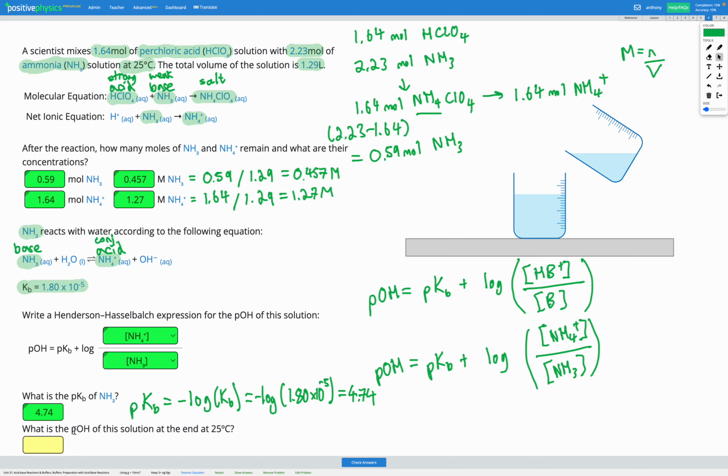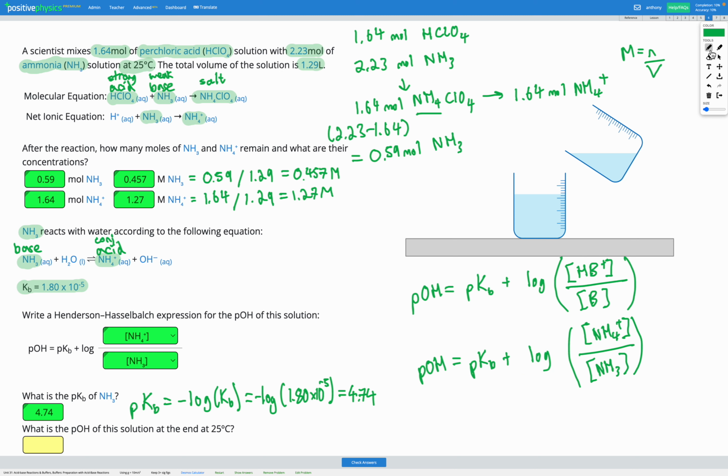So all we need to do now to find pOH is substitute the pKb and our concentrations of our base and conjugate acid into our Henderson-Hasselbalch equation. So we've got pOH.